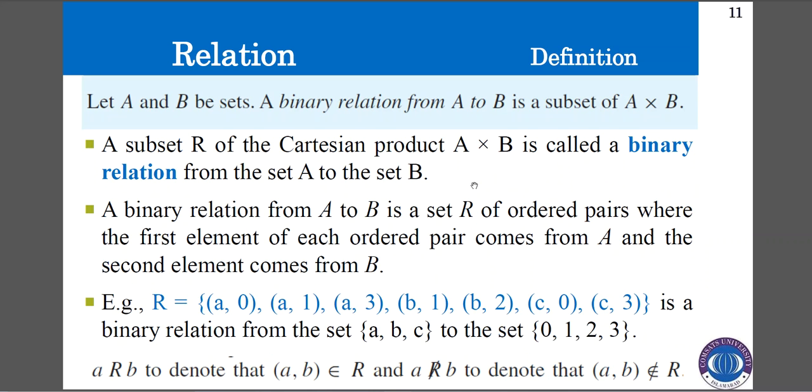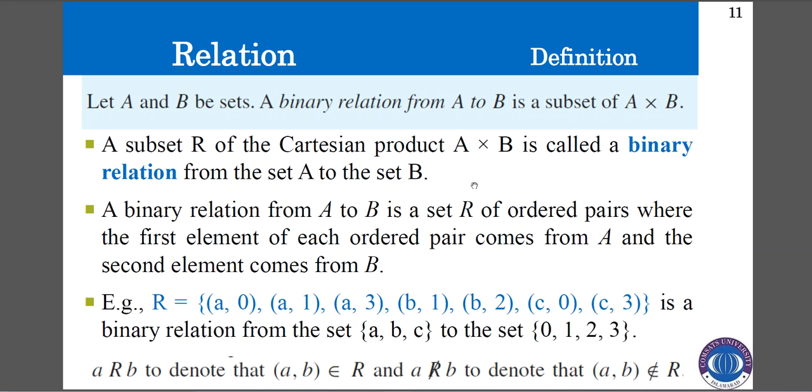A binary relation from set A to B is a subset of the Cartesian product A × B. Thus, a subset R of the Cartesian product A × B is called a binary relation from set A to set B. The binary relation from set A to set B is a set of ordered pairs where the first element of each ordered pair comes from set A and the second element comes from set B.